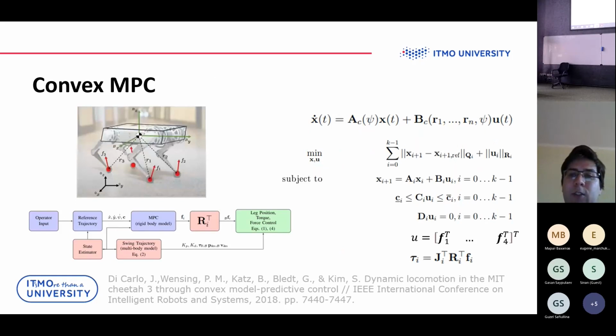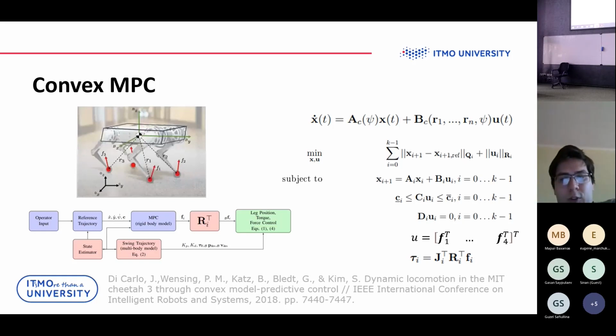With this linear system, convex model predictive control can be formulated, with the cost function shown on the slide: the error between the actual state and the reference states, and we should minimize the control inputs.